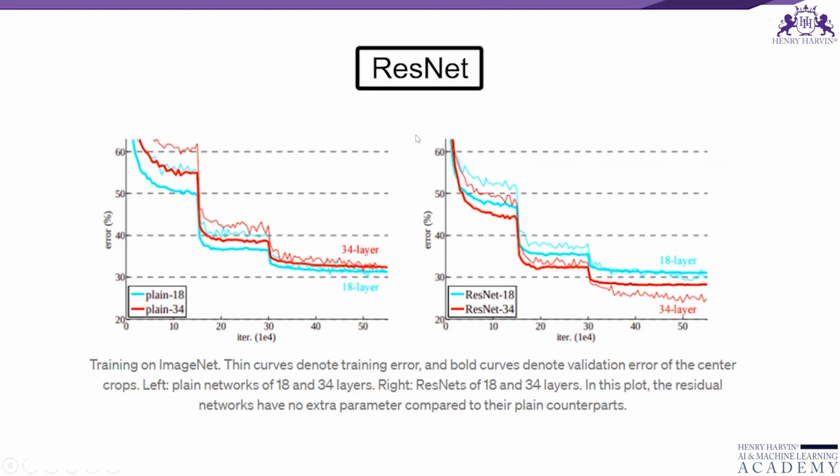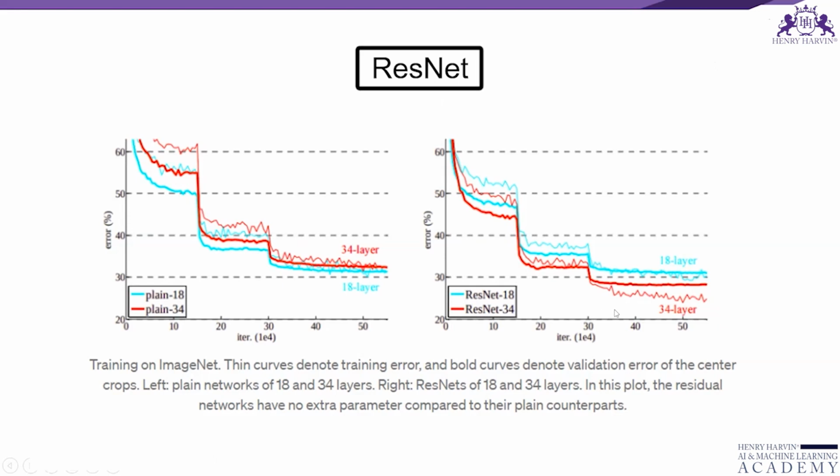Here we can see a plot where they have plotted the error percentage on the y-axis and iterations on the x-axis. Here you can see plain networks and here ResNet: plain 18, plain 34, and ResNet 18 and ResNet 34.